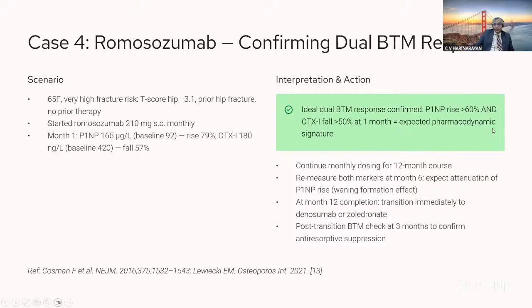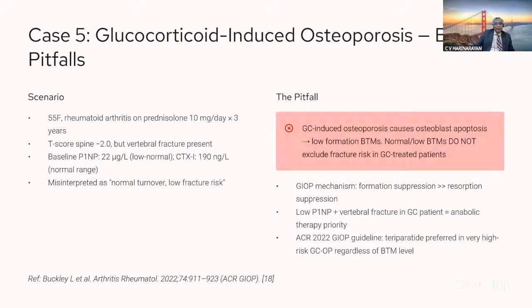This is an expected pharmacodynamic signature. Continue the dosing for the 12-month course. Reassess both markers at the 6th month, attenuated. At 12th month completion, transition immediately to zoledronic acid or denosumab. Post transition, bone turnover markers to be checked at third month to confirm antiresorptive therapy.